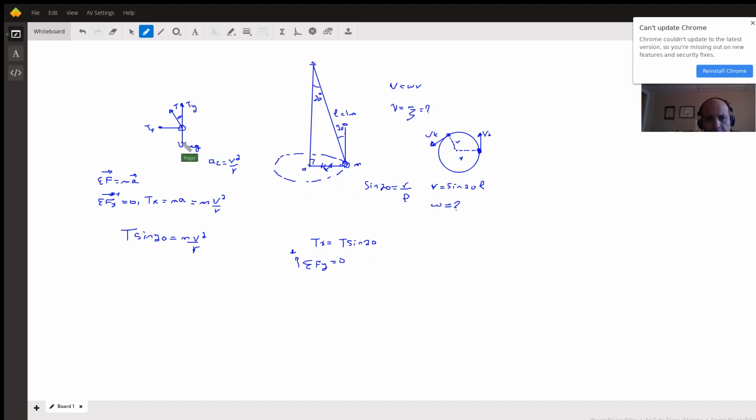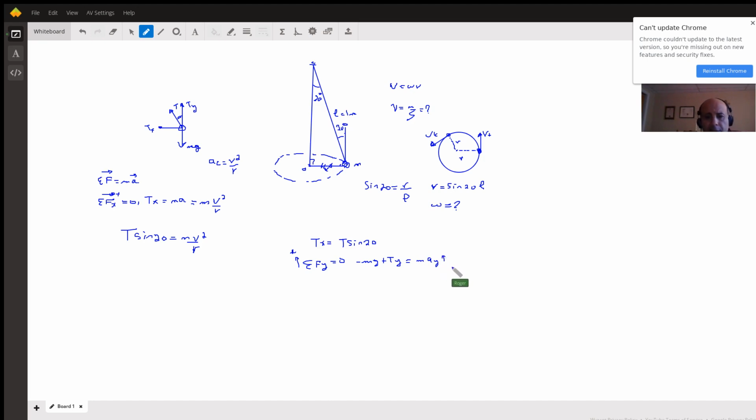We have mg, which is a negative force coming down, so minus mg, and this T is projected in the positive direction, so it will be Ty, so minus mg plus Ty, equal to also the mass times the acceleration in the y direction.